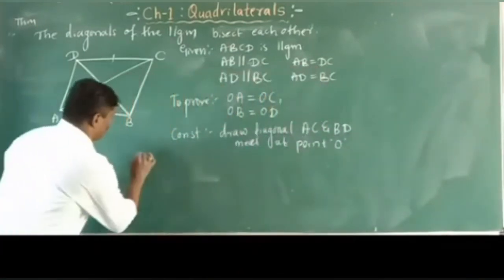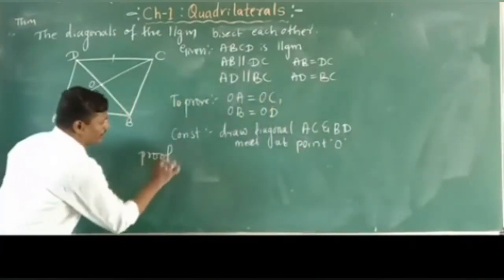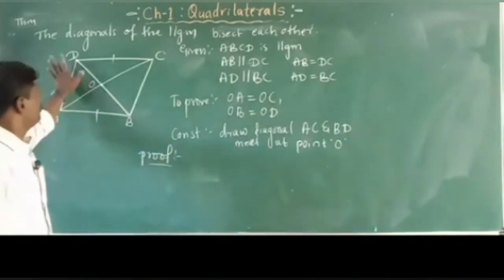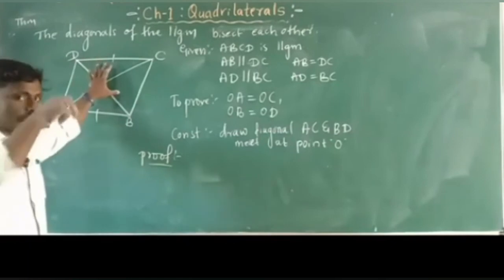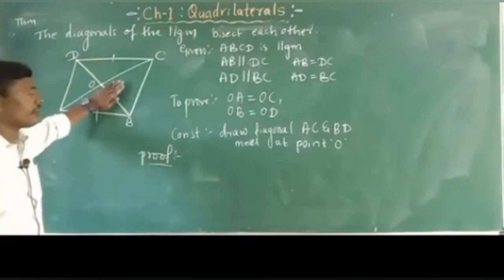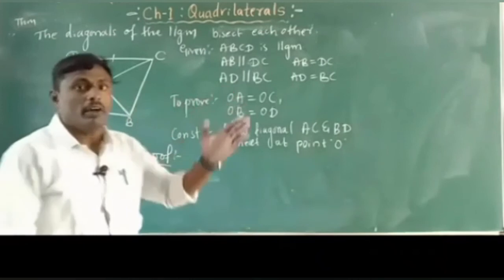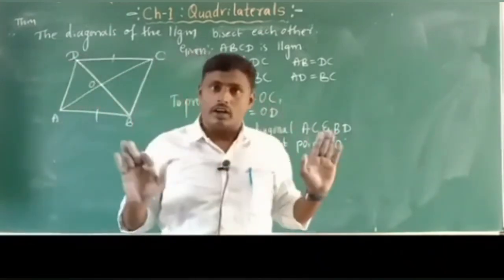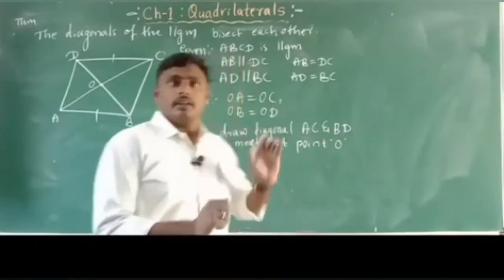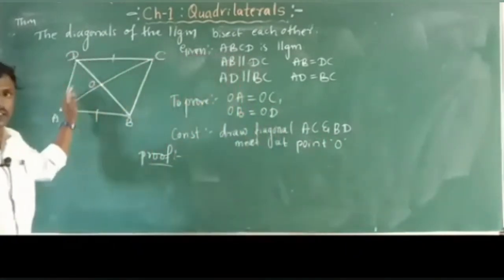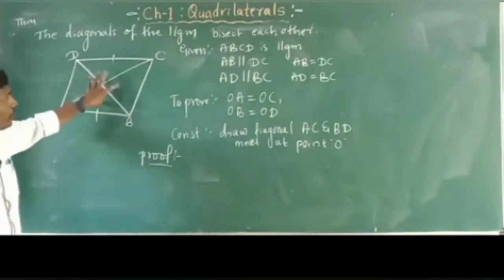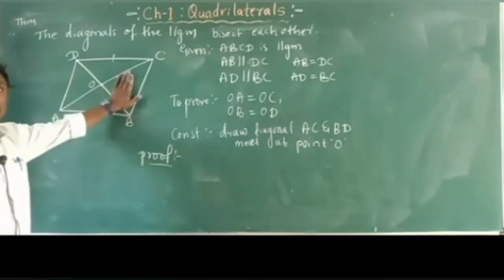Okay, let's start proving the given statement. Listen here. We already proved in the previous theorem that when one diagonal is drawn in the parallelogram, it divides the parallelogram into two triangles, and those two triangles are congruent to each other, right? Here we are taking two diagonals, AC and BD, and when we draw the two diagonals in the parallelogram, we get four triangles.